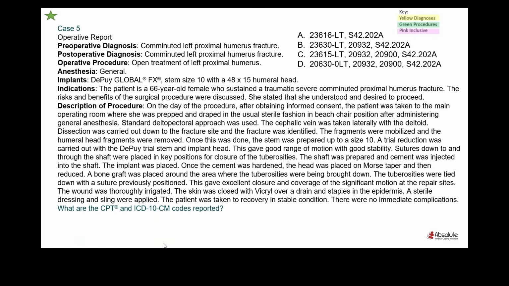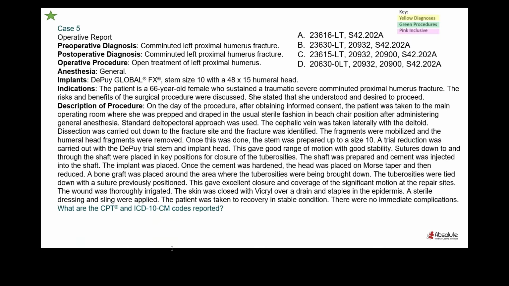What are the CPT and ICD-10 codes reported? A. 23616 LT, X42.202A. B. 23630 LT, 20932, X42.202A.